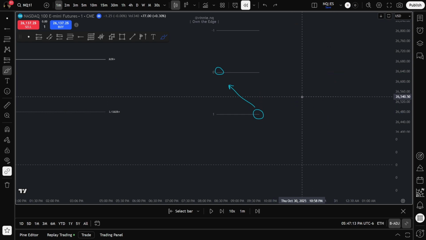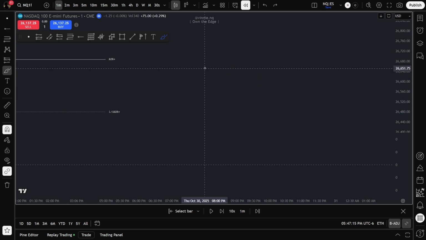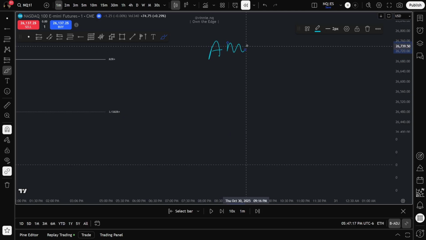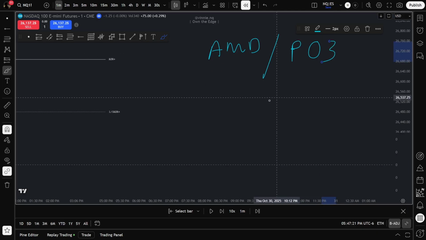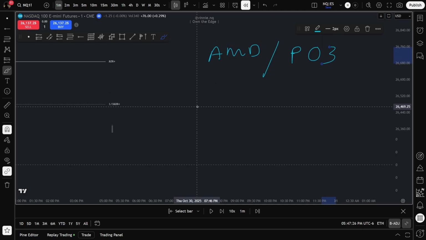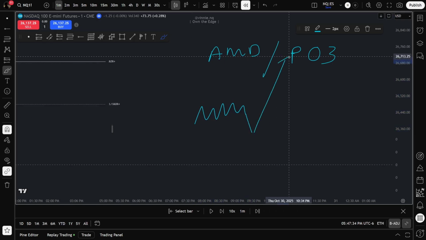But this really depends. I really suggest you guys study up on something called AMD, and it's also called Power of 3. And basically, if you do understand PO3, I will quickly explain why you draw right to left. Right here, you have accumulation where price just goes sideways. You manipulate down and then you distribute up.